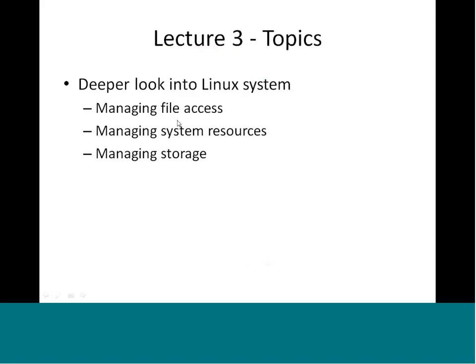We understood how to manage file access, the various permissions like R, W, and X, and then the various groups, the user, the group, and everyone else. So how do we give access, as well as how do we change access of various files.